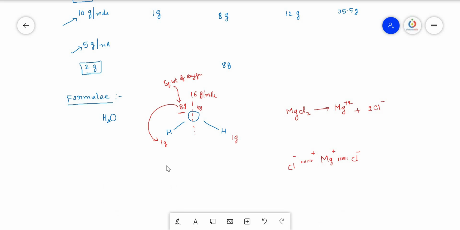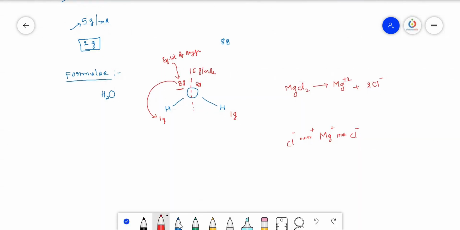Now we know that the atomic mass of magnesium is 24 grams per mole. In this 24 grams per mole, magnesium combines with two sides, meaning two chloride ions. So out of 24 grams, 12 grams of magnesium is contributing towards one chloride ion, and the remaining 12 grams towards the other chloride ion.